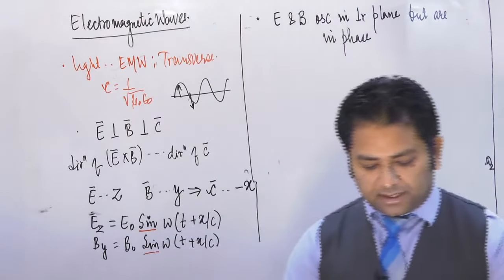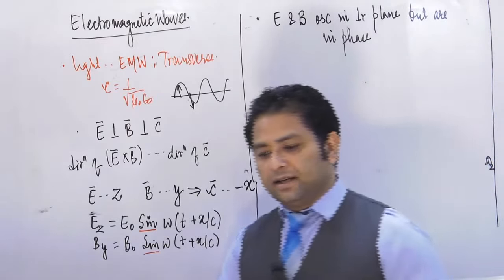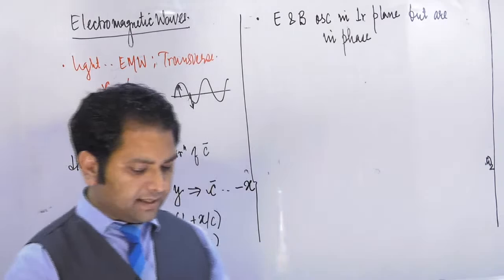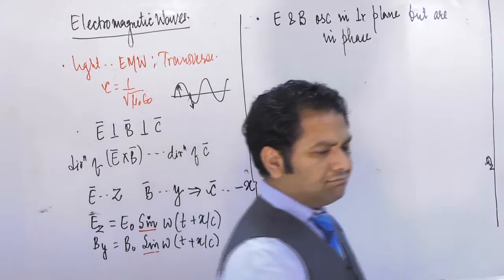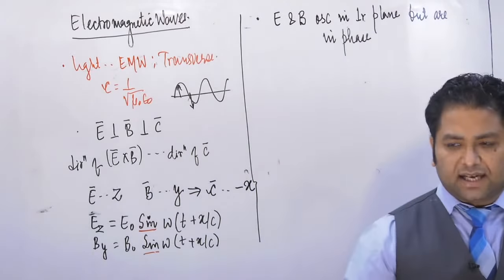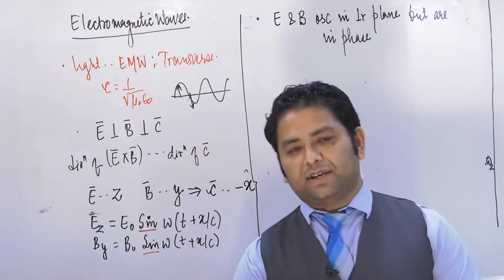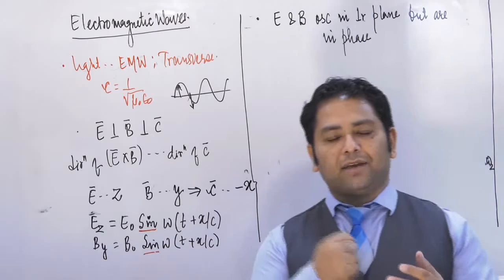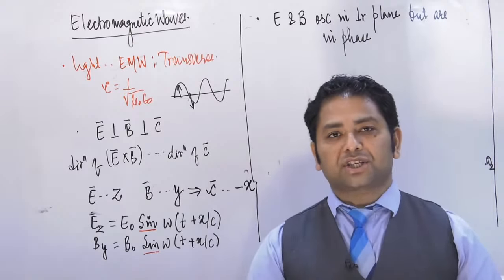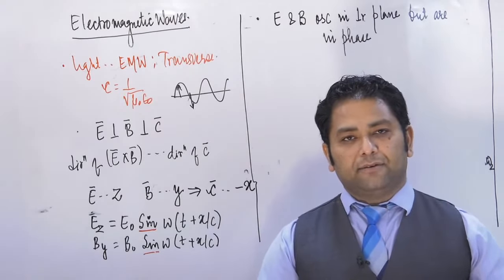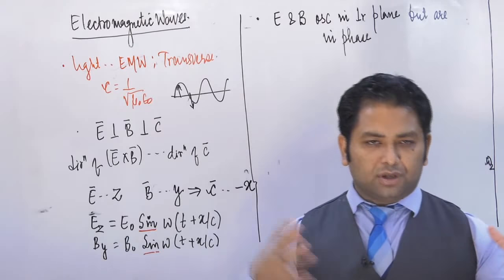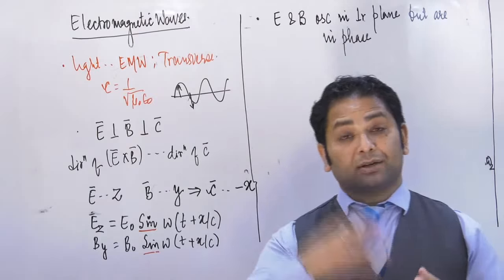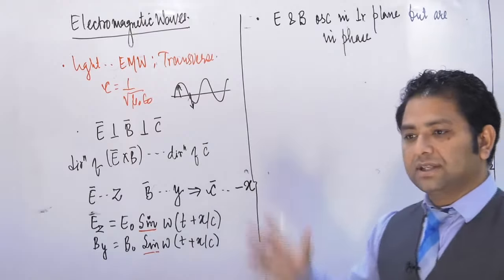For those who did not take this chapter seriously, you just need to understand it. A simple effort may be a very rewarding experience, because on one hand you do a heavy numerical of rotational motion and devote a lot of time to it in your preparation, but it may not be so rewarding as compared to this.